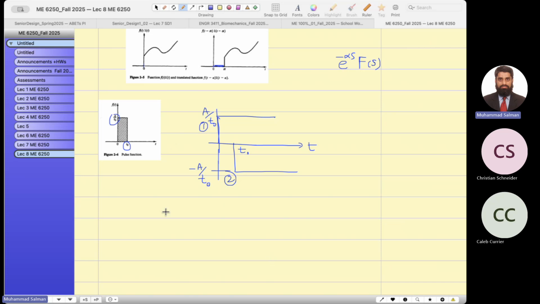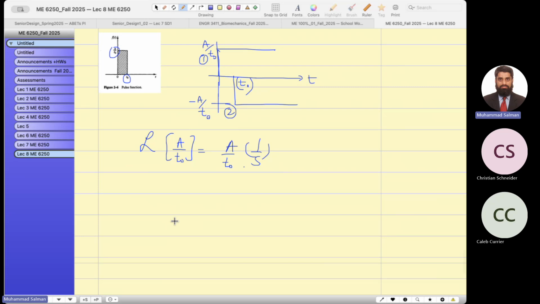So what is the Laplace transform of a step function? You know, we just solved it: a over t naught is a step value, 1 over s. Agreed? And what is this delay? Is this the same step function? I would write this down: a over t naught. This is starting at negative a over t naught, starting with a delay of this function. You see my point? So how are we going to write down the Laplace transform?